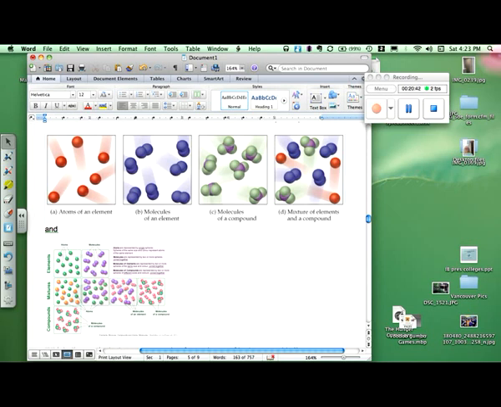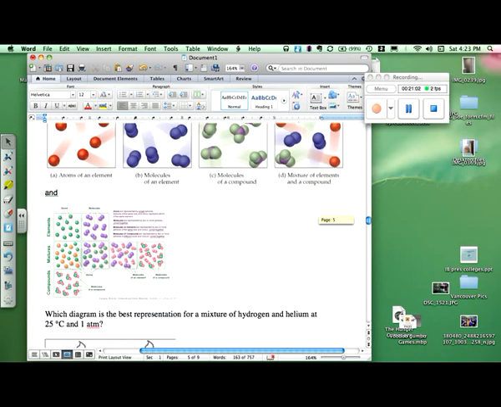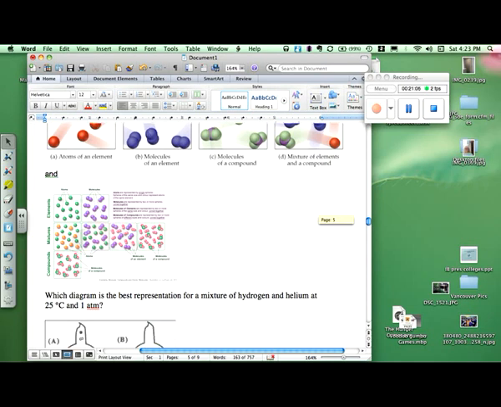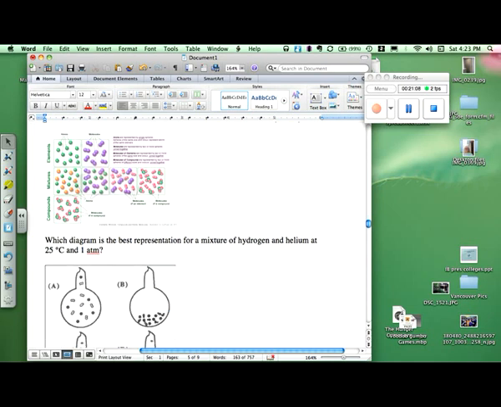This, however, is not a pure substance. It's a mixture of 1, 2, 3 different substances, and I don't know if we could tell looking at it macroscopically whether that would look like one thing or not. If it looked like one, it would be homogeneous. If it looked like two or more, it would be heterogeneous. And the same type of thing here in this picture.